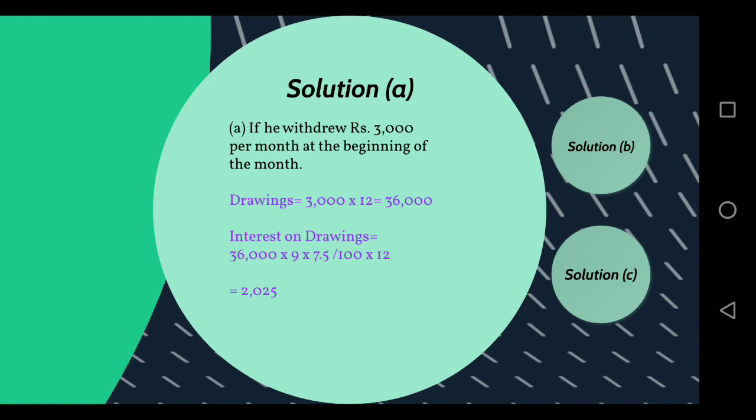Then interest is to be calculated at 9% on this 36,000 for a period of 7.5 months. If we refer to that table, monthly and beginning, it comes to 7.5 months. So 7.5 divided by 12. That amount comes to rupees 2025.